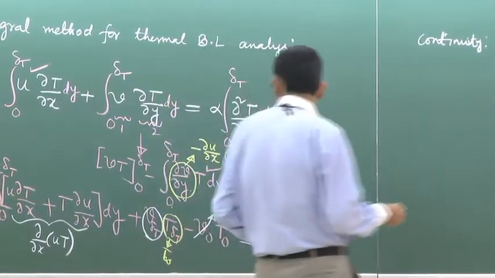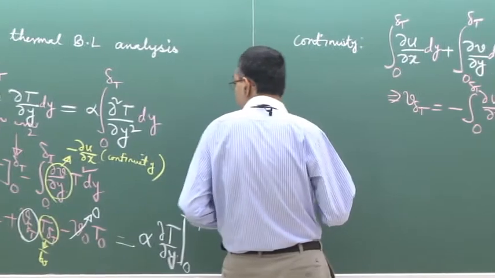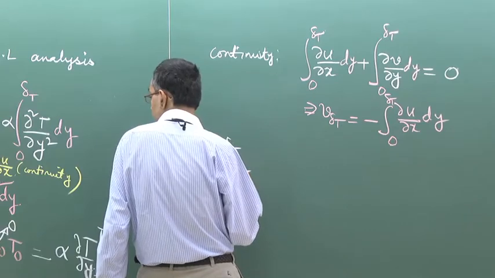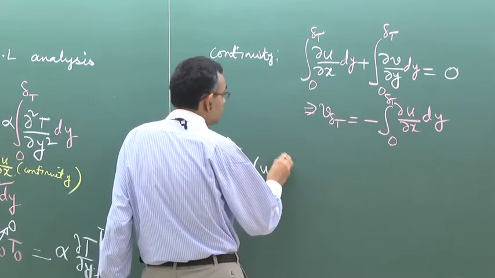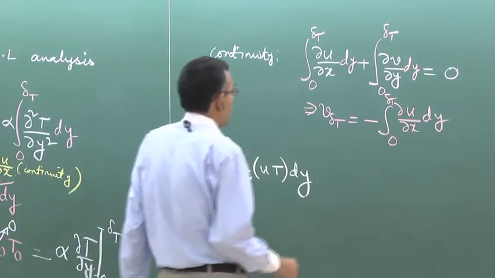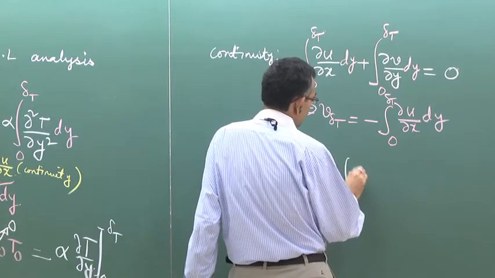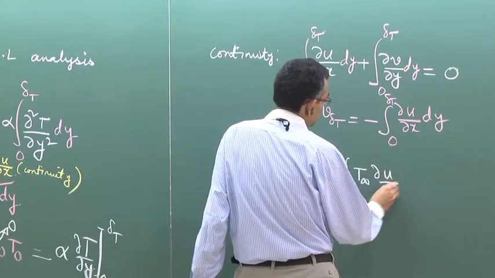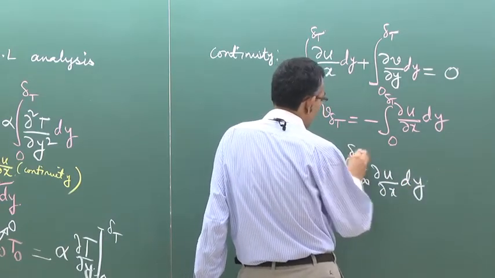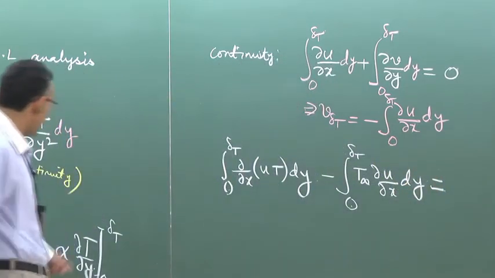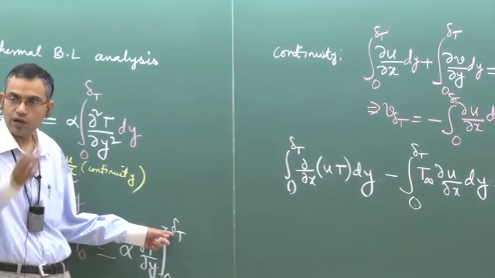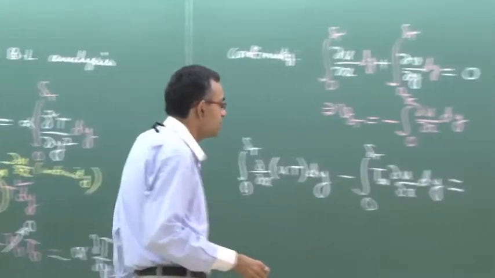So, we can write the right hand side. What is the temperature gradient at delta t? 0, because there is no further variation in temperature. So, this becomes minus.